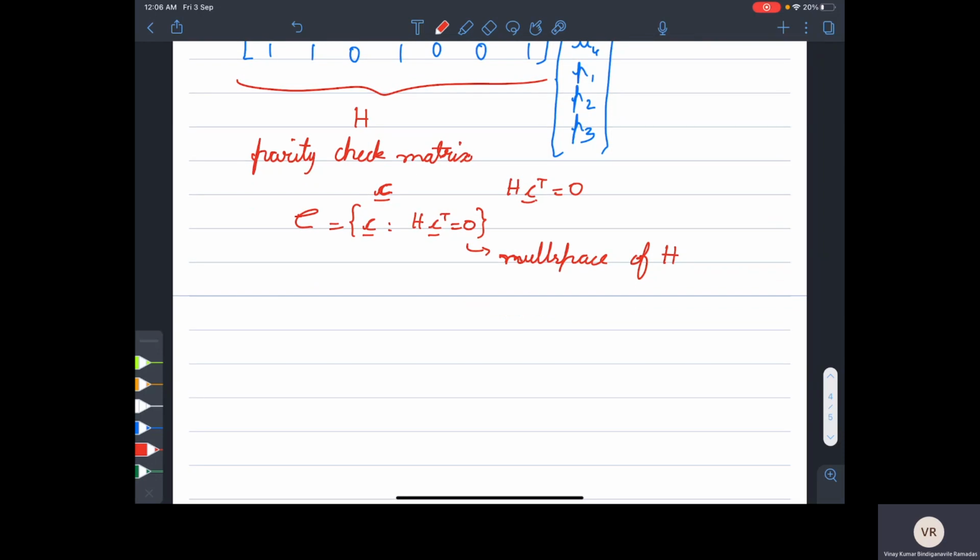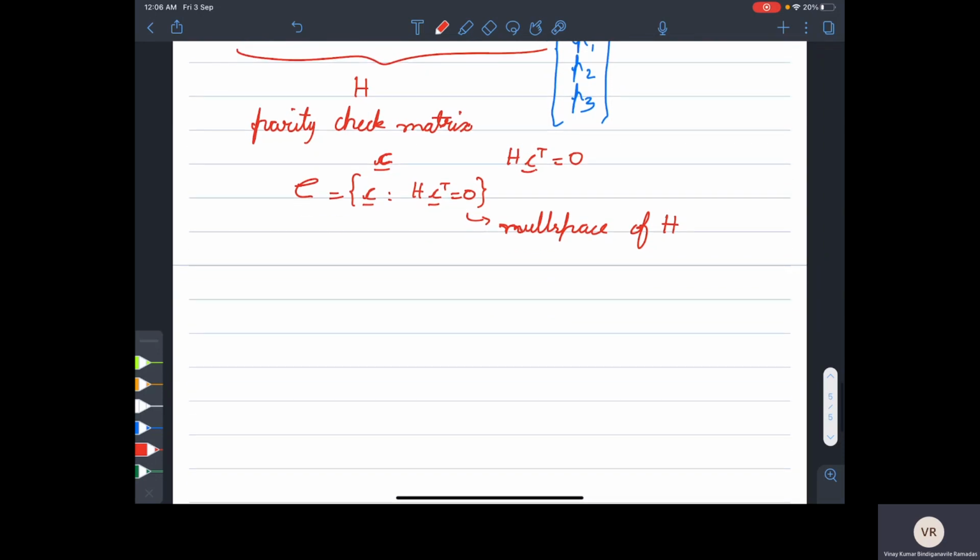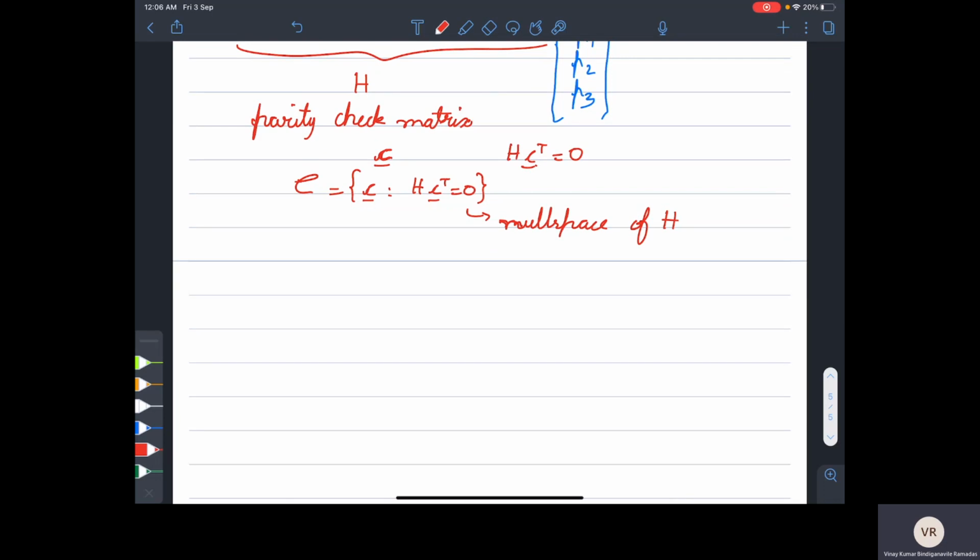So this is a starting point of what are called linear block codes, which form a very important class of codes used for error correction. Most of the advanced codes are built upon this particular structure. So they have a very similar structure. We'll come to some of the ones which are used in practice.